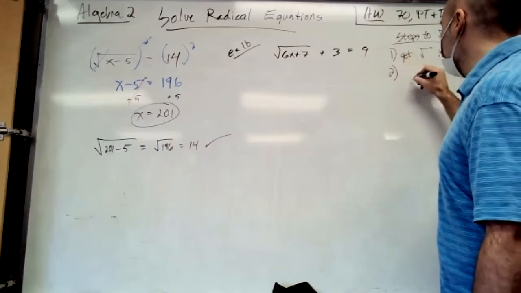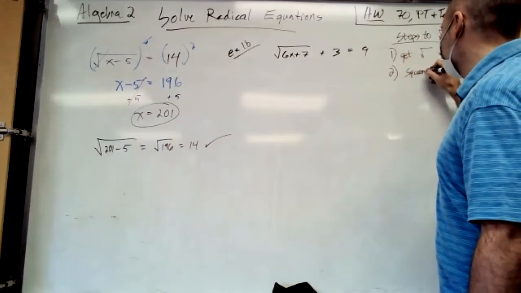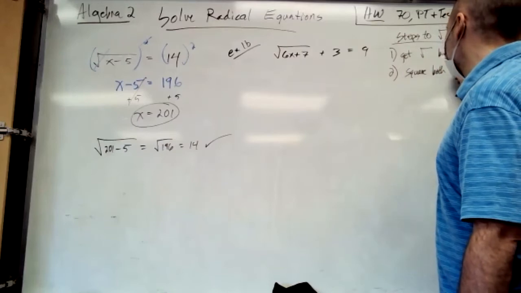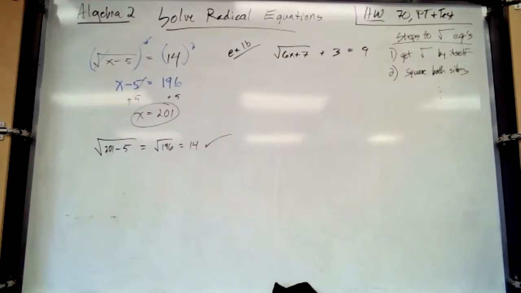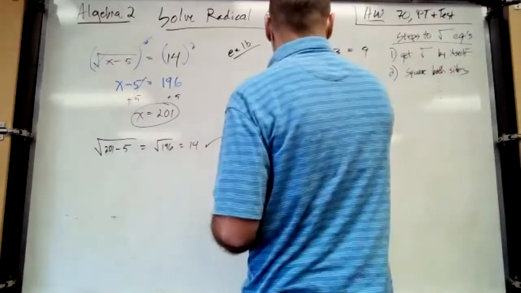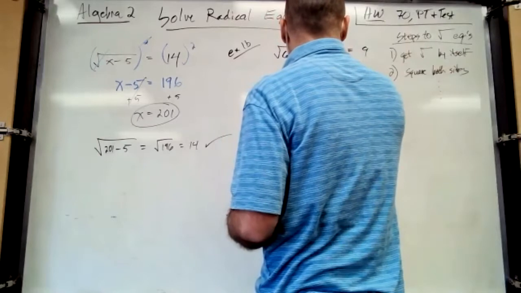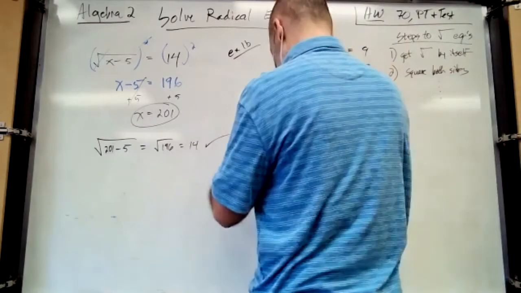And then you square both sides, and then you're home free. Then it's a normal equation. So how do you get the radical by itself? You have to get rid of that plus 3. I know it seems backwards because it seems like you should do that last, but nope, you have to get rid of that 3 first.